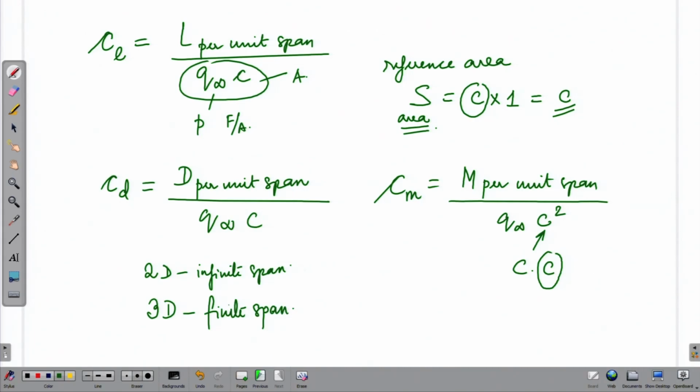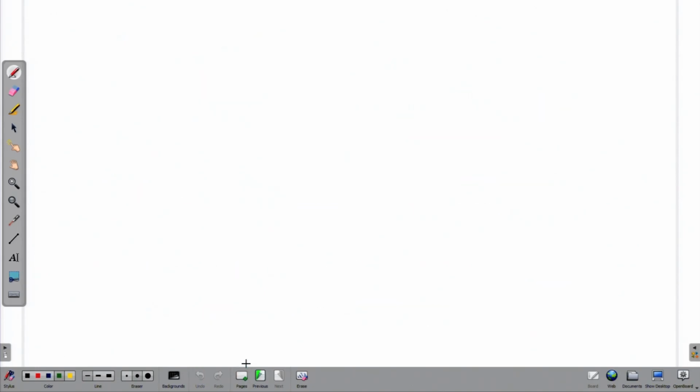You will later see that we will discuss in more detail the aerodynamic characteristics of airfoils, which fall in the 2D category, and finite wings, which fall in the 3D category. Last time we had derived the expressions for the forces and moments by considering lengths SU and SL on the upper and lower surfaces.